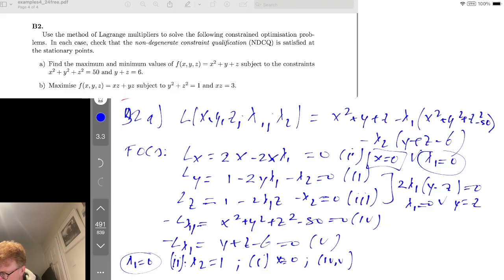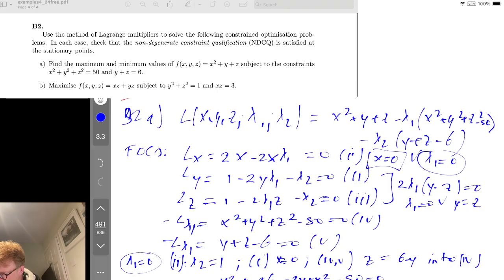So x is 0, so we can eliminate z. Z is 6 minus y, substituted into 4. What do we get? We get y squared plus 36 minus 12y plus y squared minus 50 is 0.